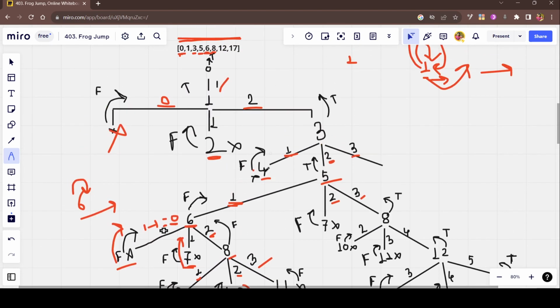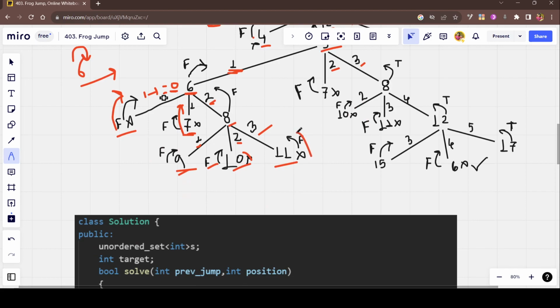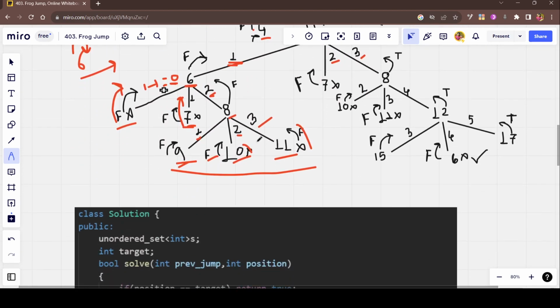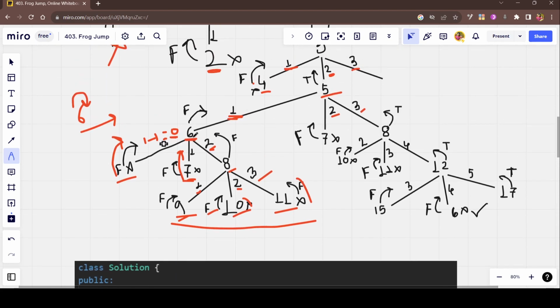That's why we have to return false. If we take a 1 unit jump, 2 unit jump, and 3 unit jump from the 8 stone, it is not possible to go to the last index because I am now on water. So it is preferable not to take the jump. So false, false, false. So I will return false.